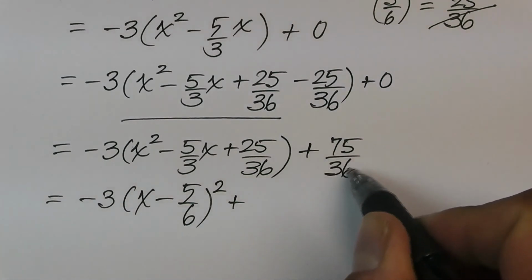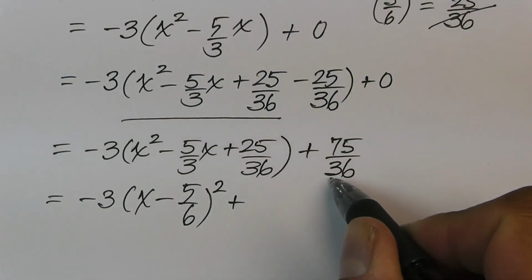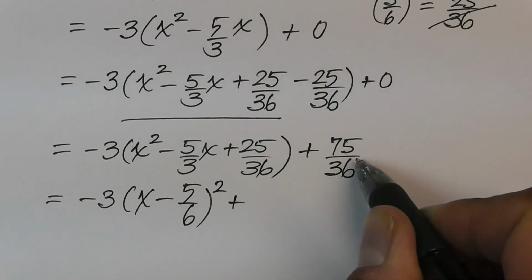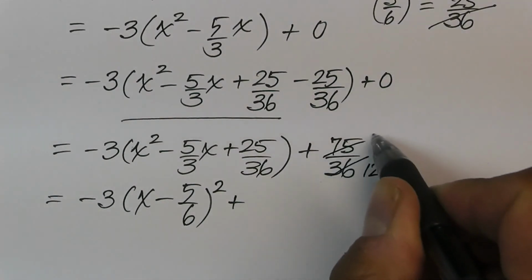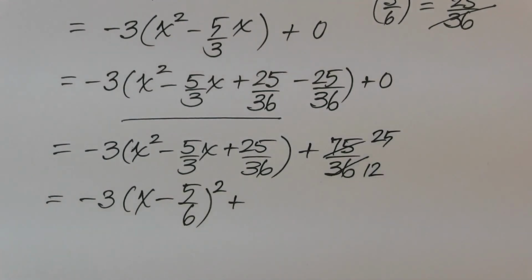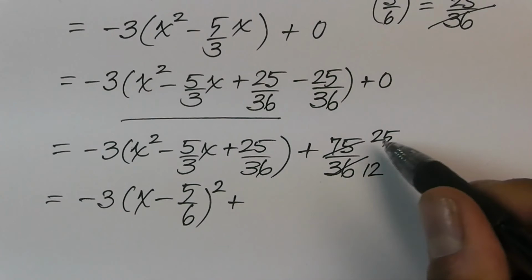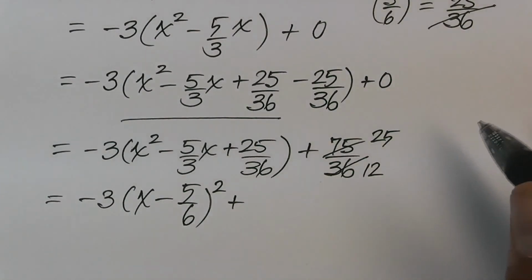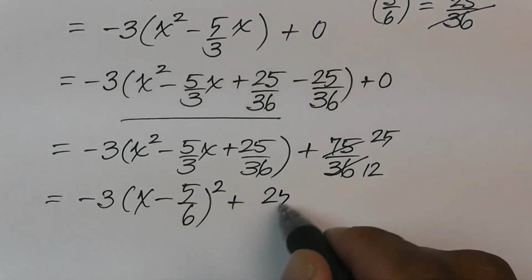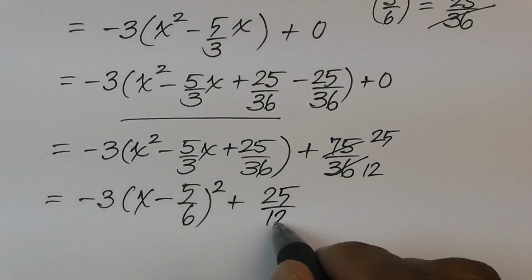So 3 divides into this 12 times, 3 divides into that 25 times. Nothing else divides into that. That's 5 times 5, and there's no factors of 12 that are 5. So that's 25 over 12.